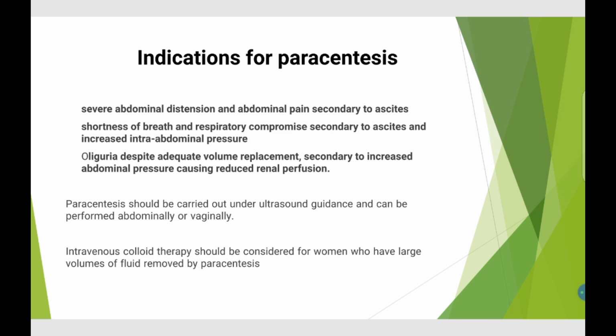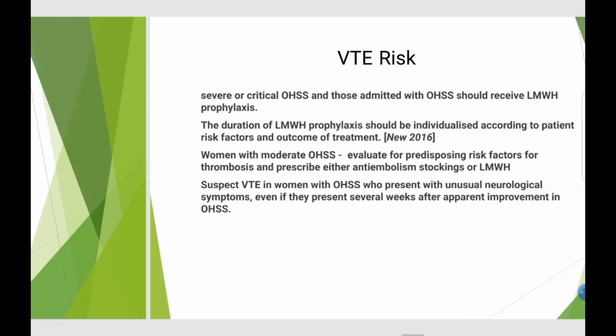Paracentesis should be carried out under ultrasound guidance and can be performed abdominally or vaginally, and it is an OPD basis procedure. IV colloid therapy should be considered for women who have large volumes of fluid removed by the paracentesis.